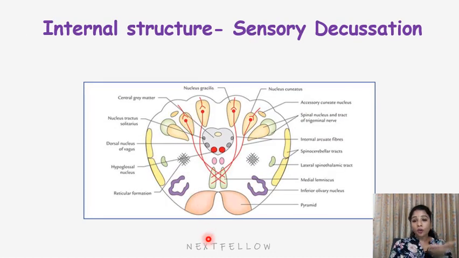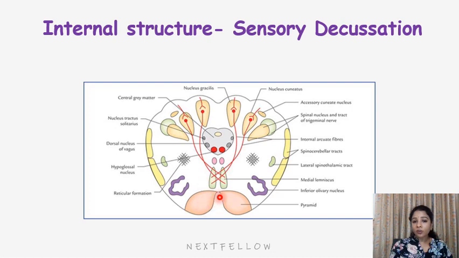Here, the cut section is taken in the middle of the medulla, where the nerve fibers from the nucleus gracilis and nucleus cuneatus cross and go. So this decussation is called the internal sensory decussation, and these fibers are called internal arcuate fibers because they are not seen externally.